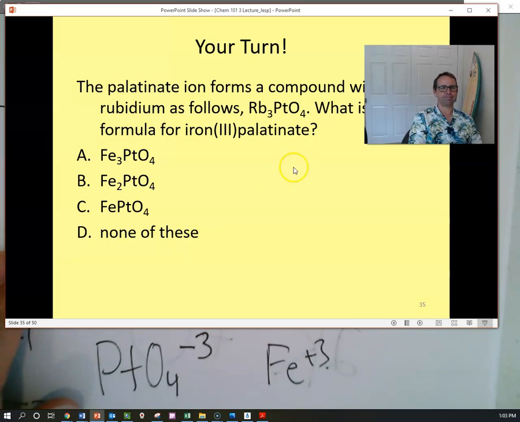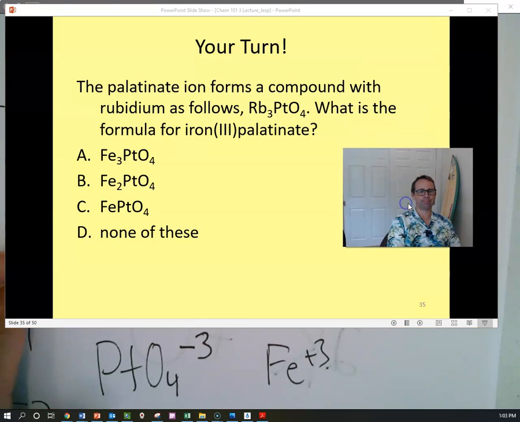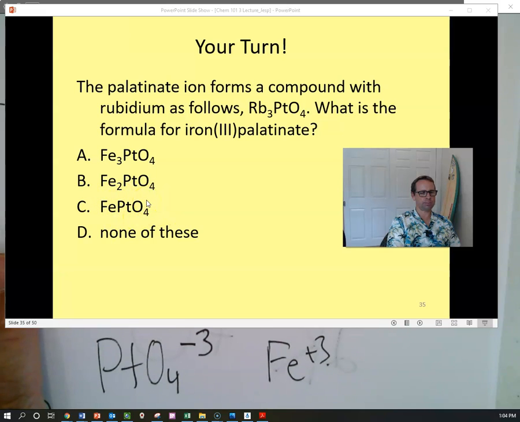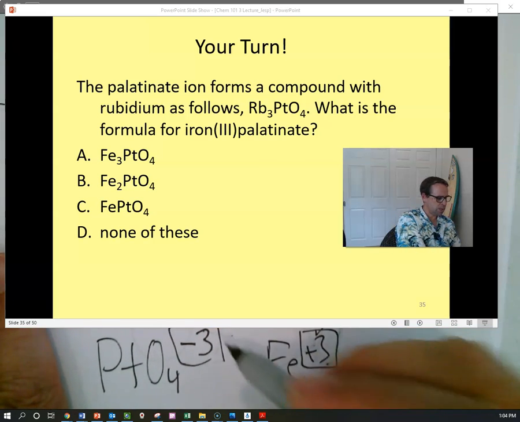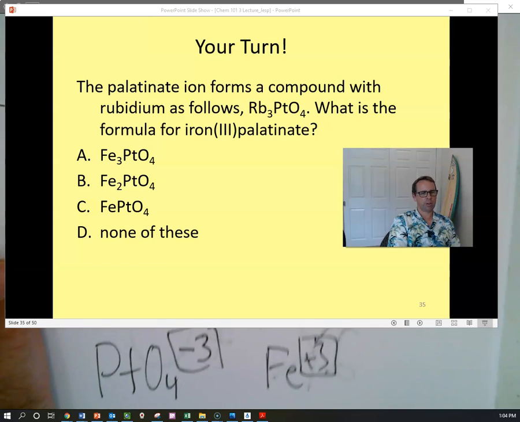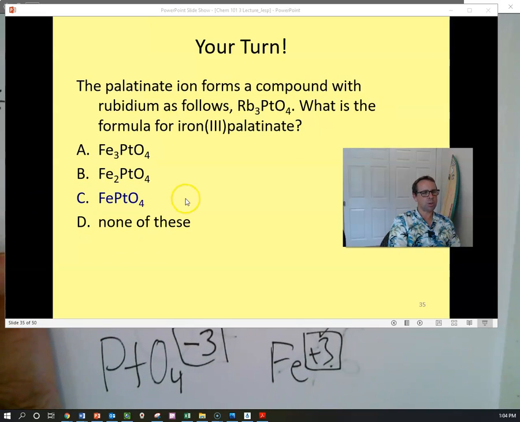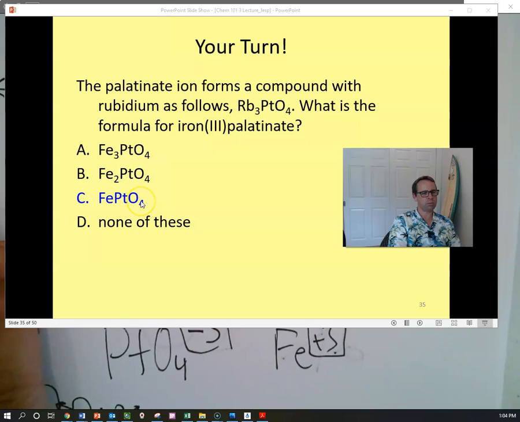What do you think? Is it going to be 3 irons for every 1 PtO4, 2 irons for every 1 PtO4, or 1 iron for every 1 PtO4? 1 iron. That's right, because it has a +3 here, and that has a -3 there. Very good. So it's just going to be a 1-to-1 ratio for the PtO4.